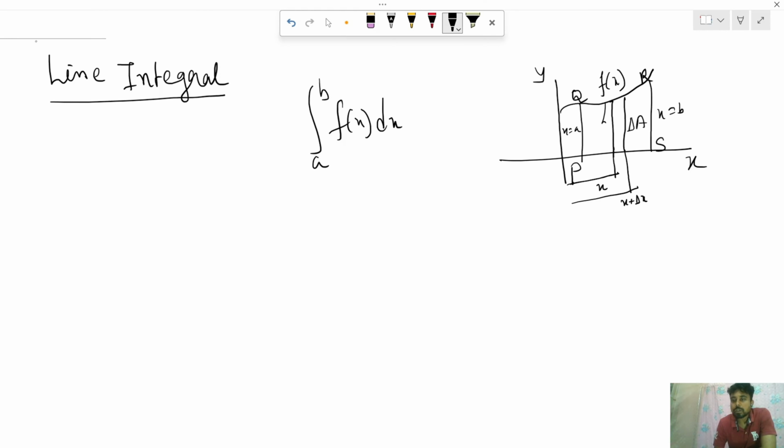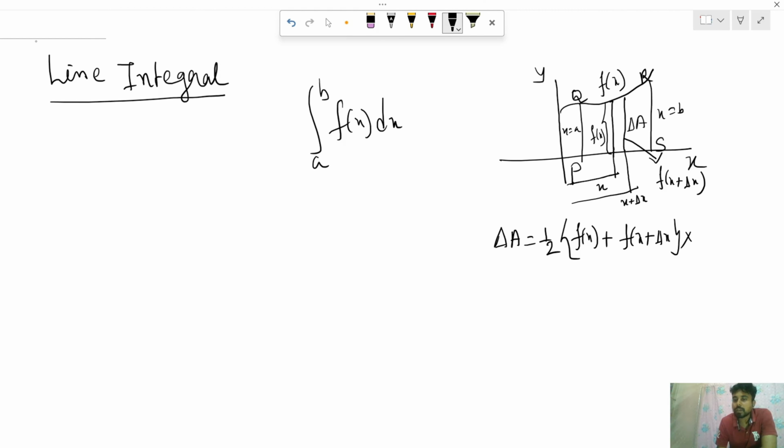So this length will be f(x), and this length will be f(x plus delta x). What will be the area of delta A? It is like a trapezium. So delta A will be half of the sum of the parallel lines, f(x) plus f(x plus delta x), times the distance between the parallel lines.